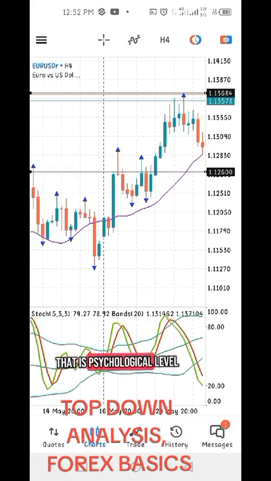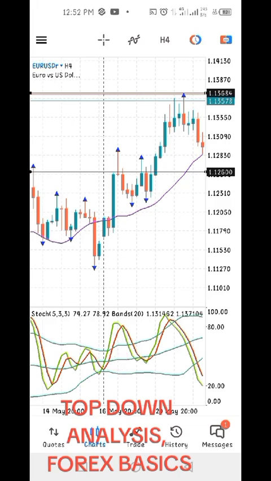That is a psychological level. Any level that ends with two zeros is called a psychological level. I say it again: a psychological level is a level that ends with two zeros. Are we getting it now? So 126.00, 123.00, that's a psychological level.